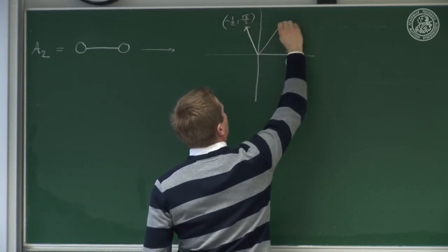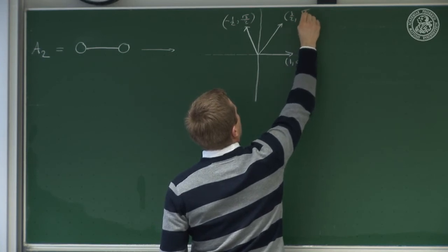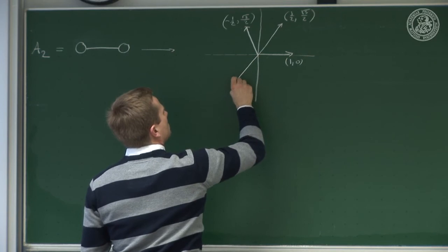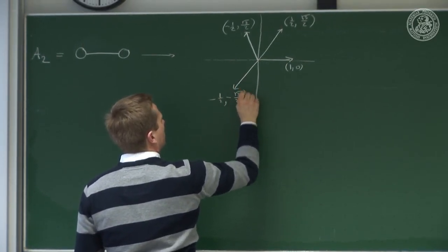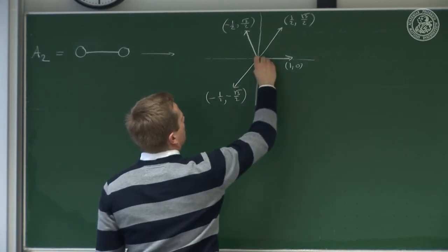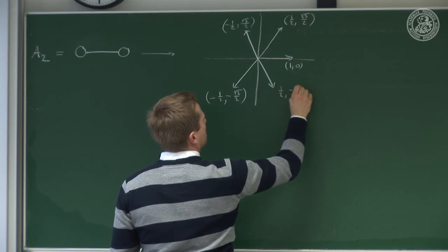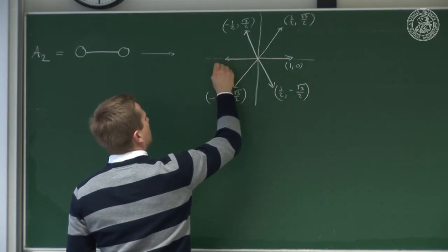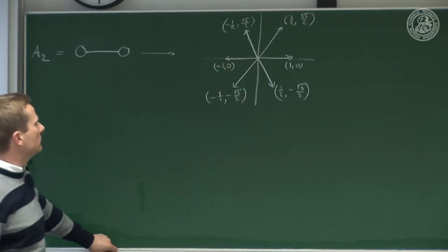But by repeated action of the Weyl group, we also got (1/2, square root of 3/2), as well as (-1/2, -square root of 3/2). Then this one, which is (1/2, -square root of 3/2), and of course also this one here, which is (-1, 0), and (0, 0). That's the root space.